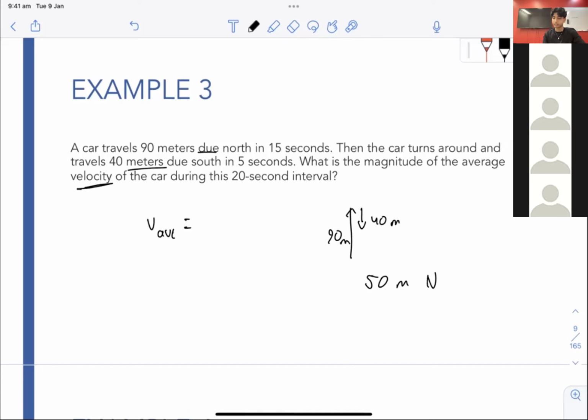So the average velocity will be the total displacement over time, which is 50 over 20. So the average velocity will work out to be 2.5 meters per second north. Like I said, velocity is a vector quantity. We need a magnitude and a direction. In our case, the direction is north.